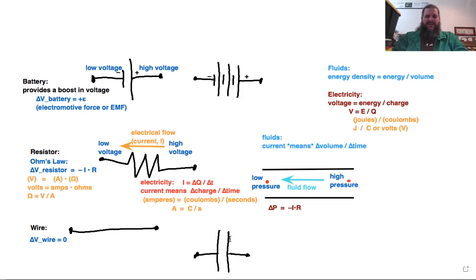So if you want a complete list of all the circuit elements we're going to need, this is a capacitor and its voltage difference formula is negative charge over capacitance, Q being charge and capital C being a measure of the capacitance. That is essentially the efficiency of the capacitor. We're not going to need that for a while, but you might want to write it down in your notes for future reference if you want a complete list of all the delta voltage formulas you'll need.